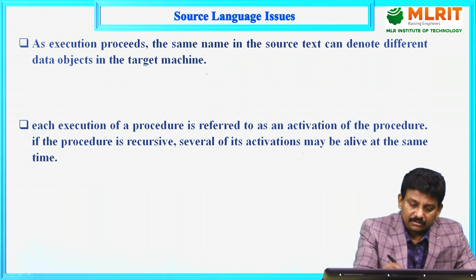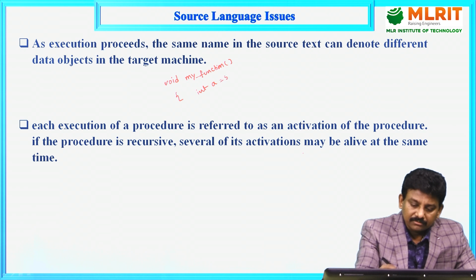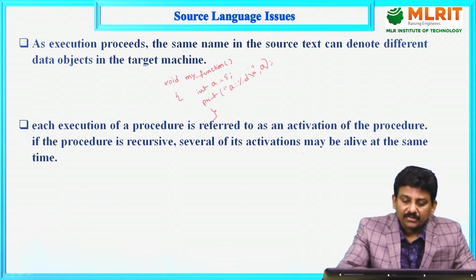For example, there is a function void my function. A is a variable declared as integer with assignment 5. If you print this A, you will get 5.